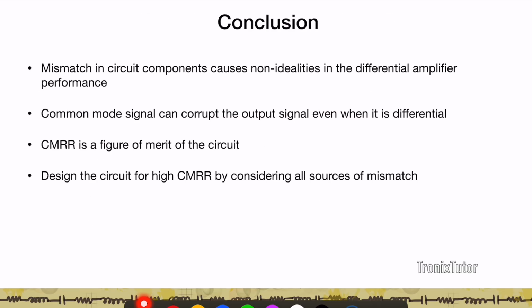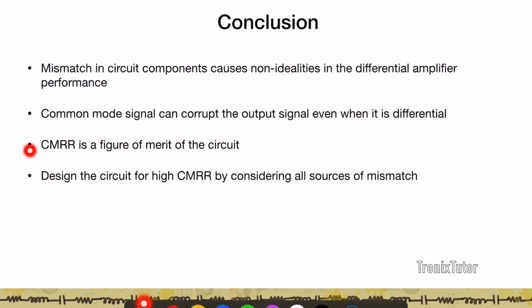So the mismatch in circuit components causes non-idealities in a differential amplifier. A common mode signal is a problem and can corrupt the output signal. If you have a finite common mode gain, then this common mode signal is going to corrupt your differential output, right? And that is something you don't want the differential amplifier to do.